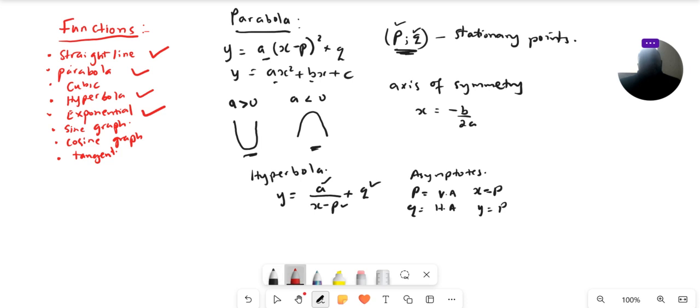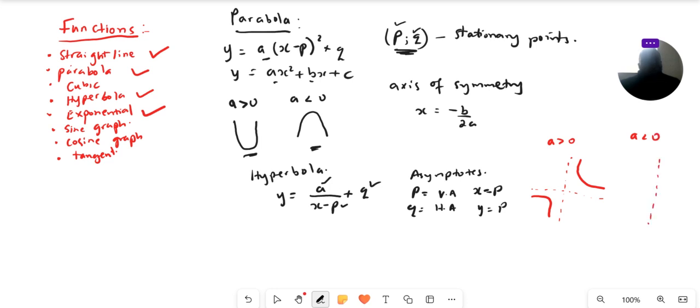When we go to the hyperbola, where a is greater than 0, our graph will be in the first and the third quadrant. And where a is less than 0, our graph will always be in the second and the fourth quadrant.